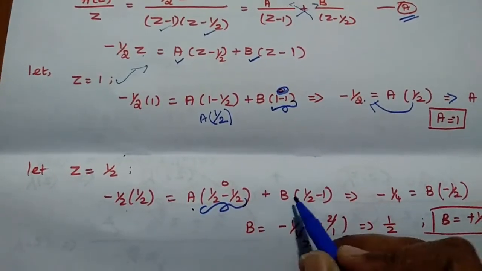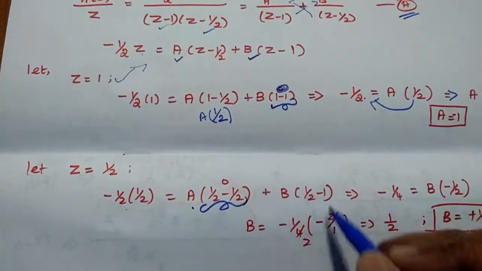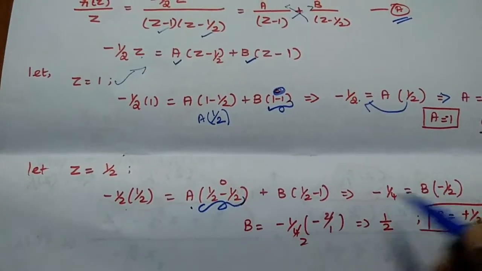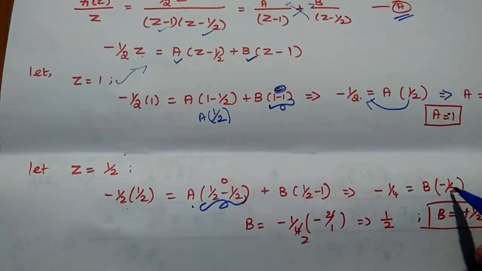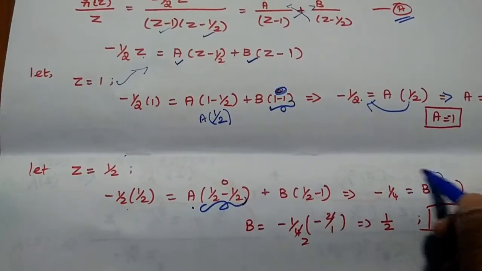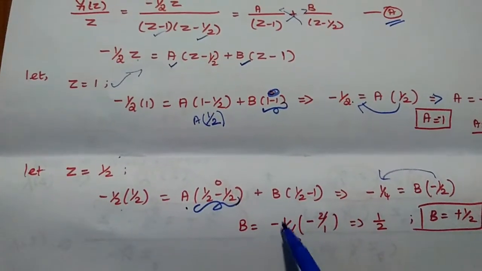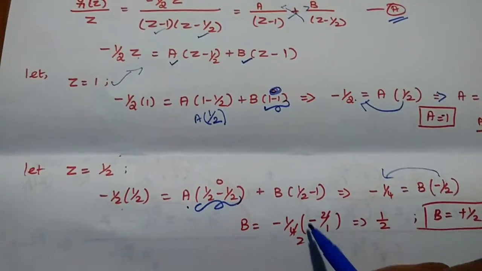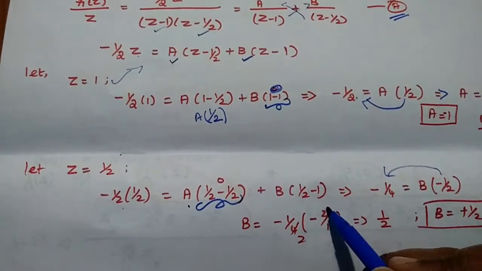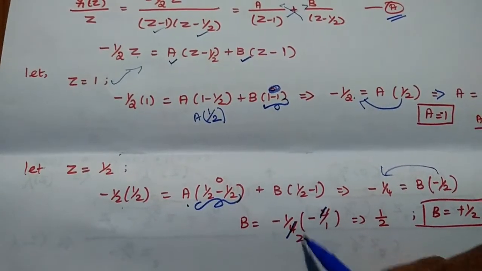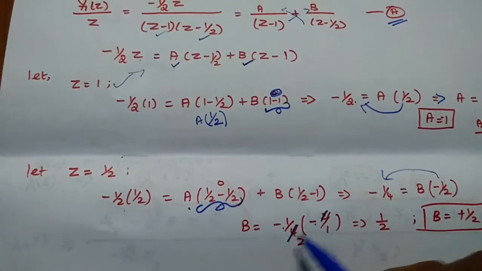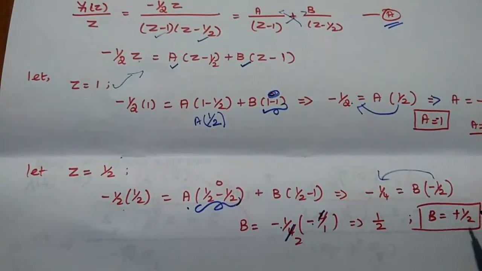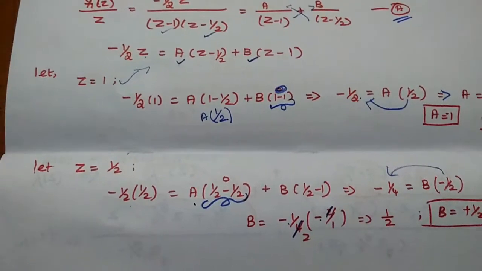Now we get b into 1 by 2 minus 1, which is nothing but minus 1 by 2, correct? So b is equal to, we have to move this term to the other side. Minus 1 by 4 is already there, into minus 2 by 1. So 2 by 4 is nothing but 1 by 2. Minus into minus is plus. So we get b is equal to plus 1 by 2.